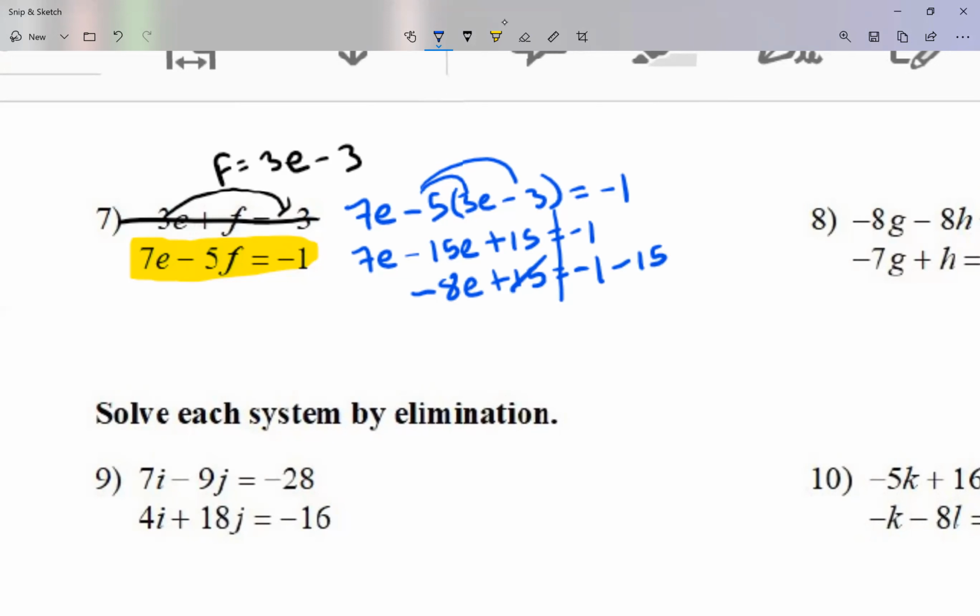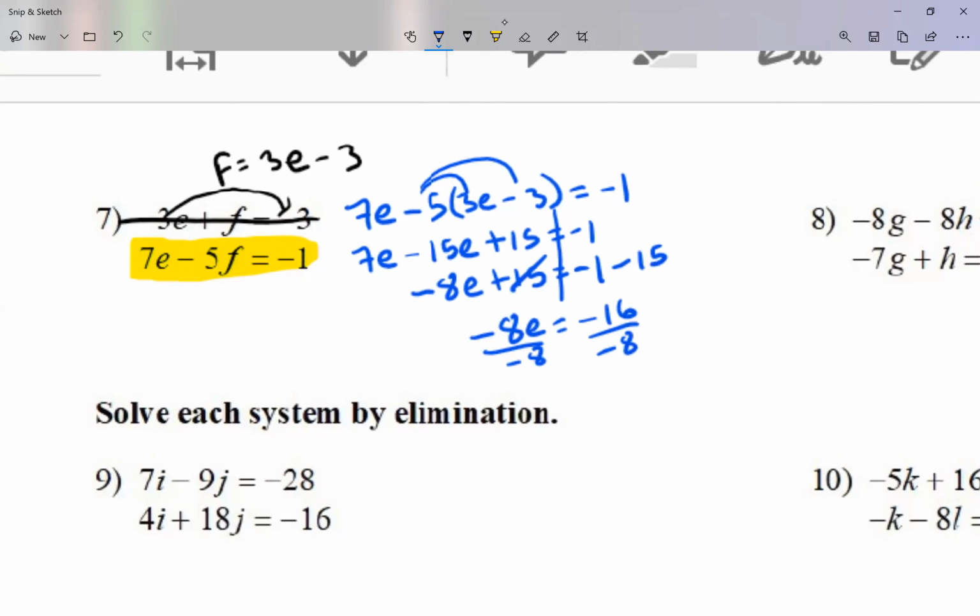Don't forget to switch the sign. So I got negative 8e is equal to negative 16. Let me divide both sides by negative 8. So I get that e is equal to positive 2. Nice, not that bad. So e is equal to positive 2.